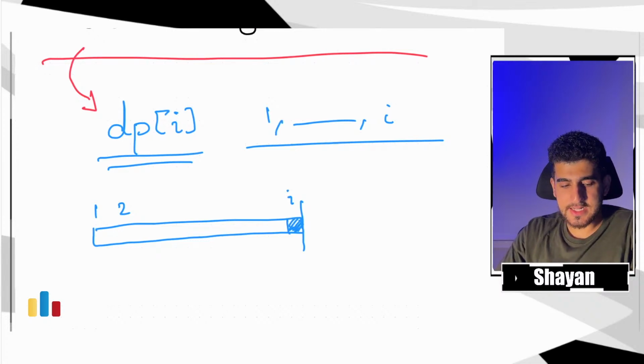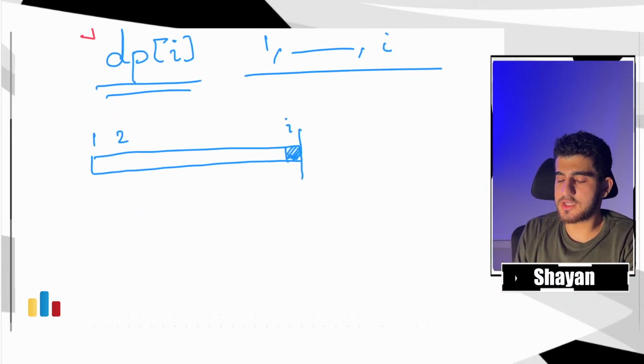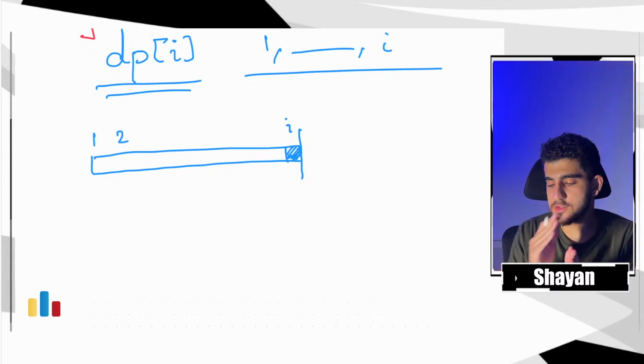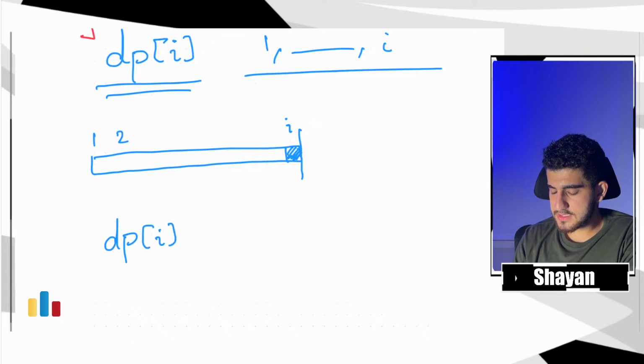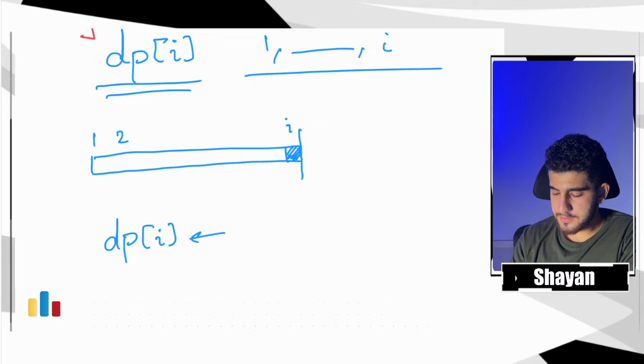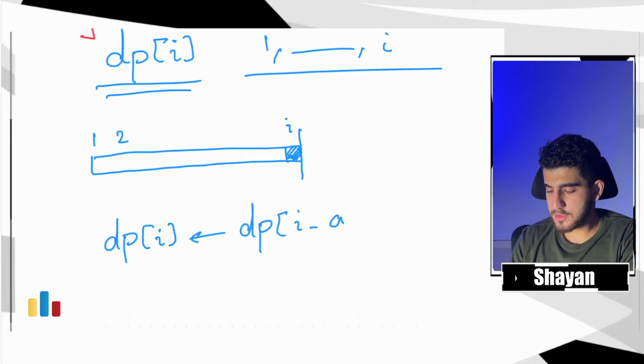So yes, exactly. The point is, if the size of the last segment is written to the right of it, we can say that DP of I can be updated from DP of I minus a sub I minus 1.